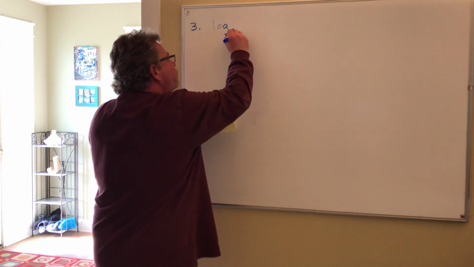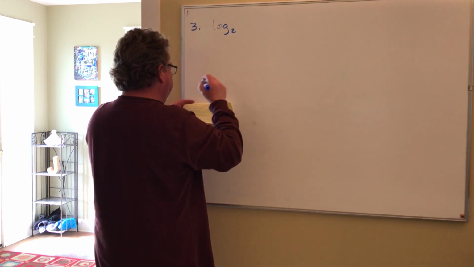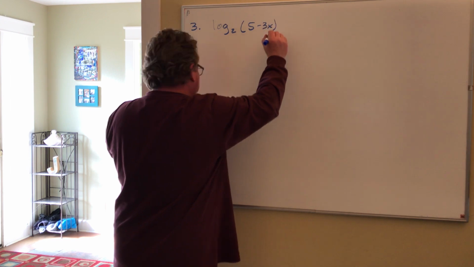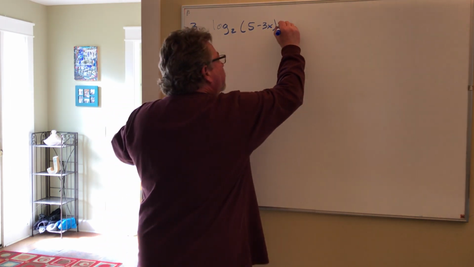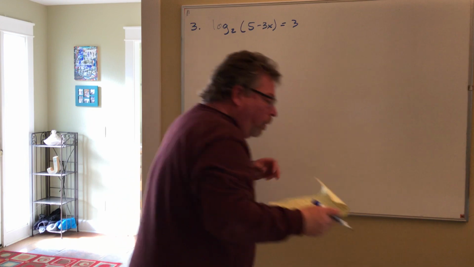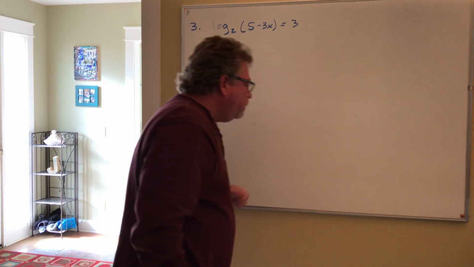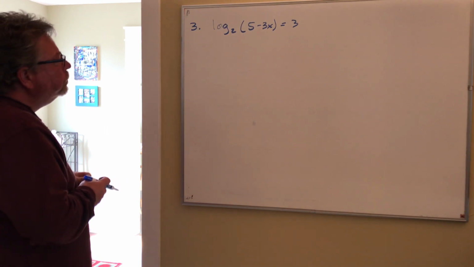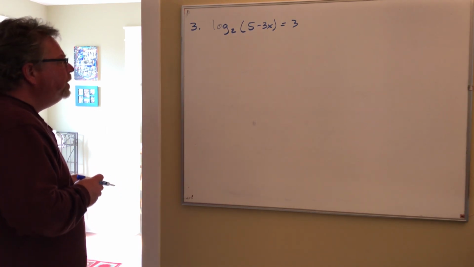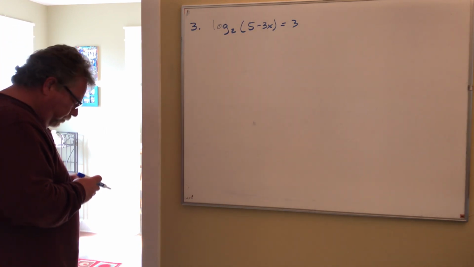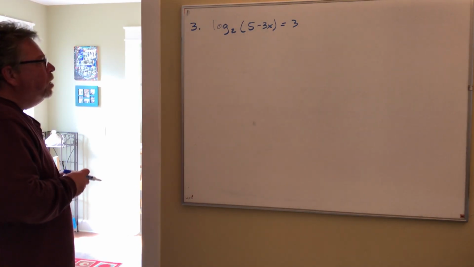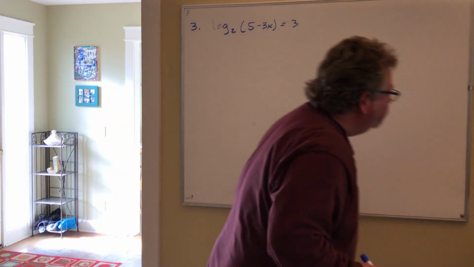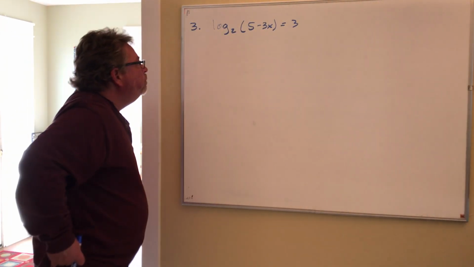logarithm base 2 of 5 minus 3x is equal to 3. So that's fairly straightforward. It fits into that second category that we said, where we have logarithm of stuff equals number.